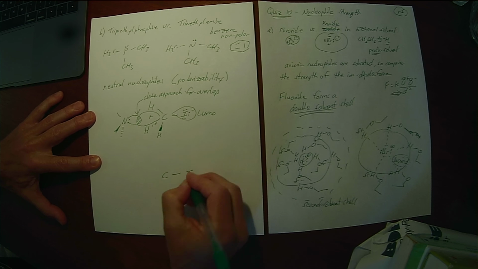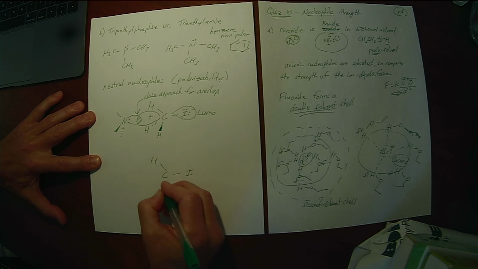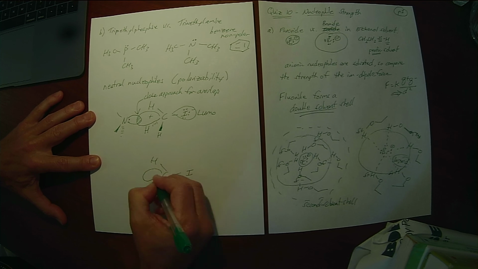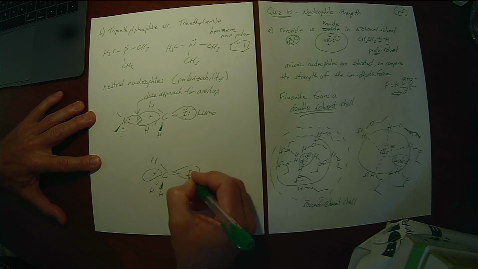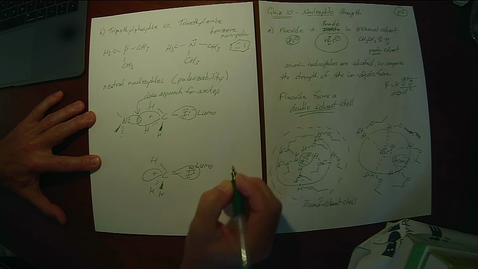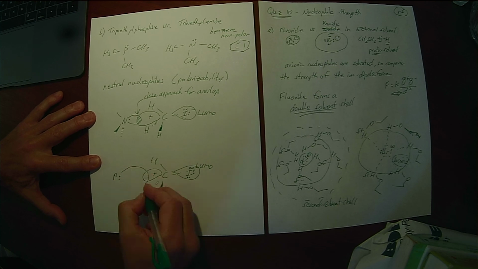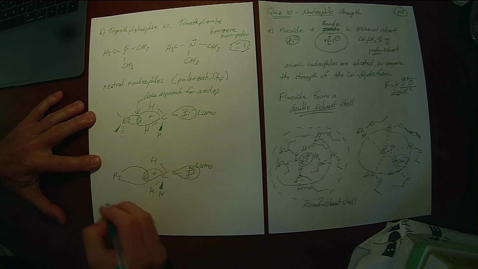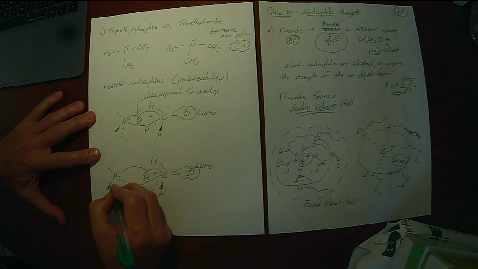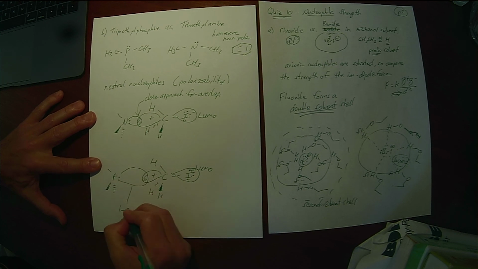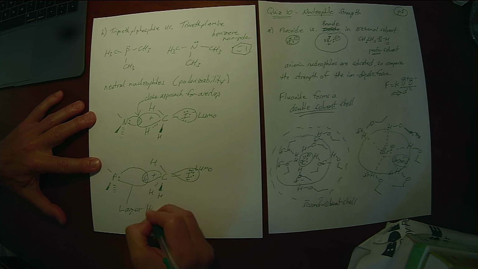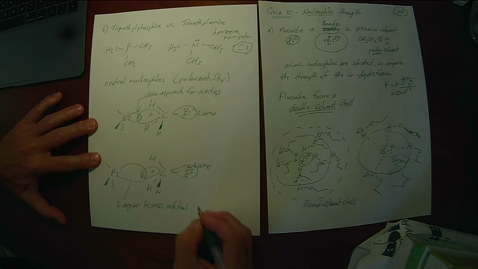Whereas in the case of the larger trimethylphosphine, sorry, I keep saying phenyl, it's the same LUMO orbital that we're trying to donate into. But now, since the phosphorus has a much larger HOMO orbital, we can donate electrons in at a much larger separation.